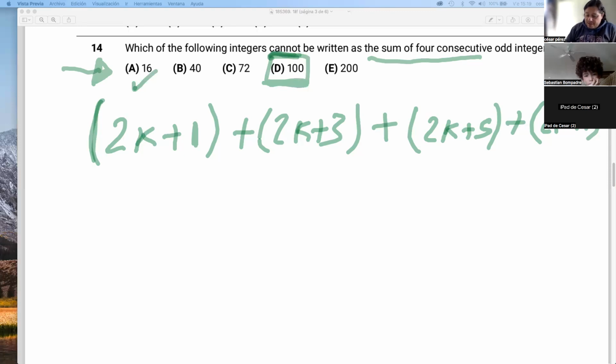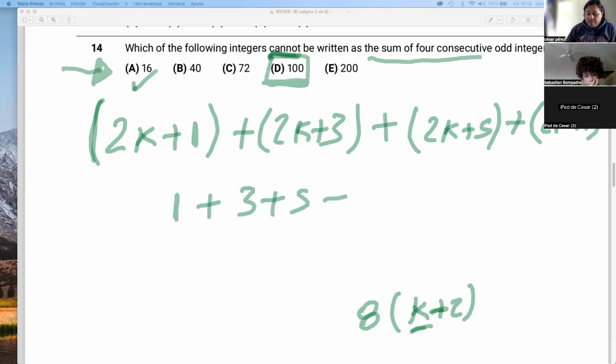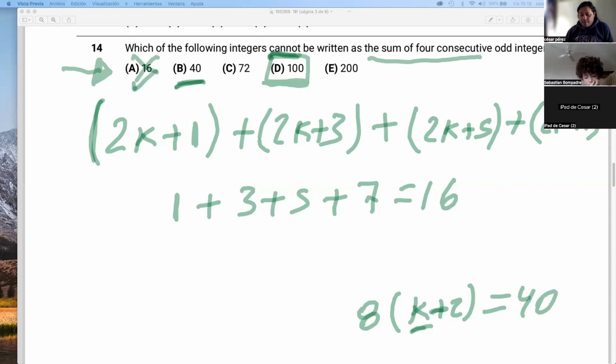We have 8 times k plus 2. In this case, k is 0. So the numbers will be 1 plus 3 plus 5 plus 7. And those give 16. We can find which is the first number in this case, only using this formula.